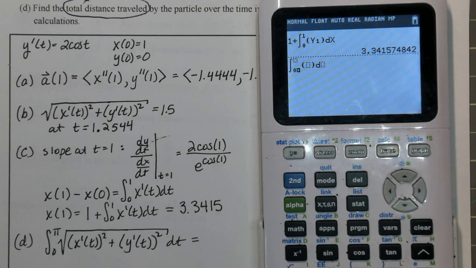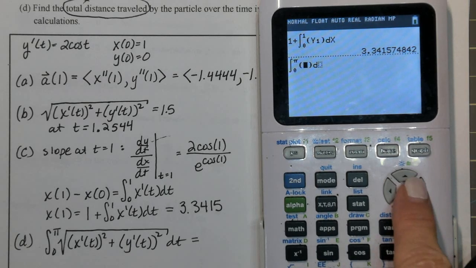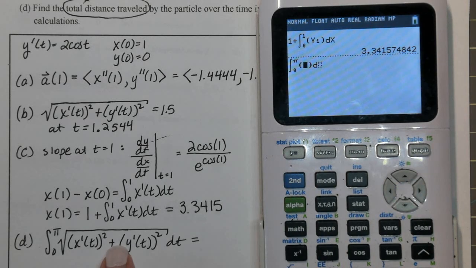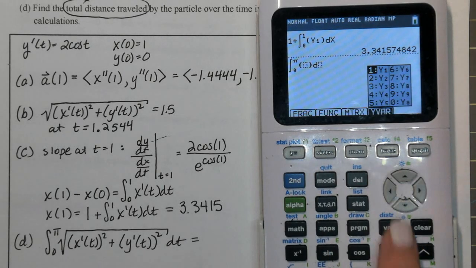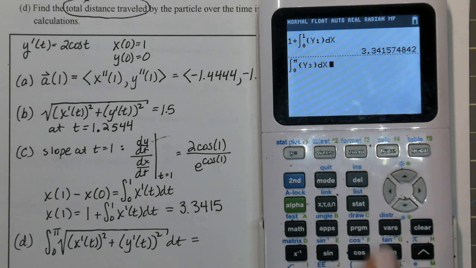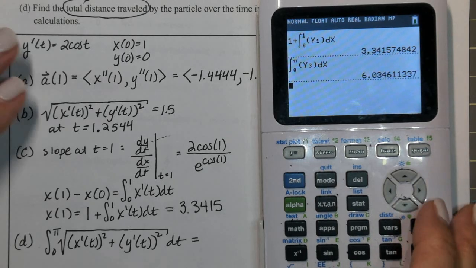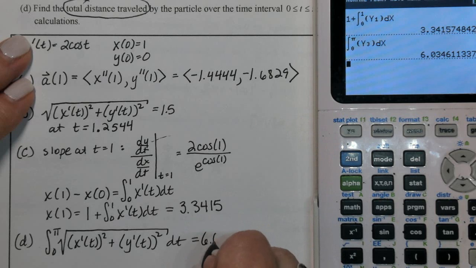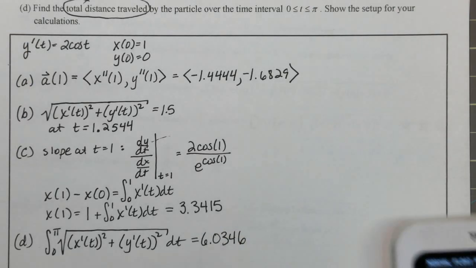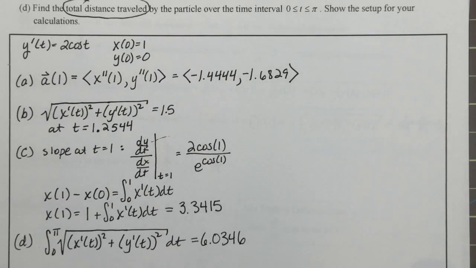Math 9, 0 to pi. And we stored the speed in for y3, so I can just put y3 in. 6.034. Or 6.035. Okay, and that was that problem.